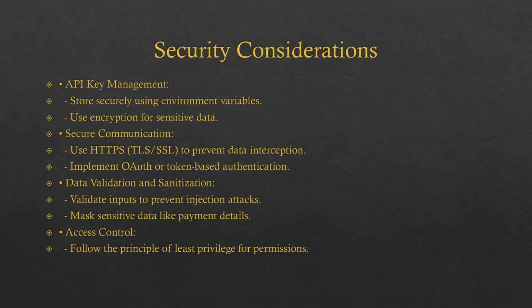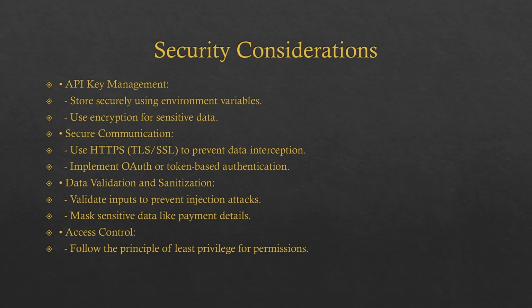Security is a top priority when integrating third-party services. We should securely store API keys and sensitive credentials using environment variables or encryption. Ensure all communications between our system and external services are encrypted using HTTPS or SSL/TLS.